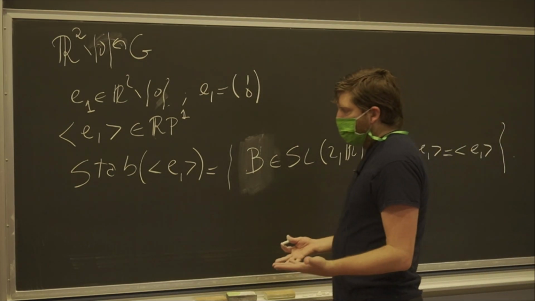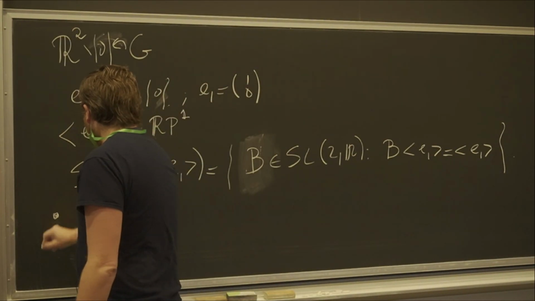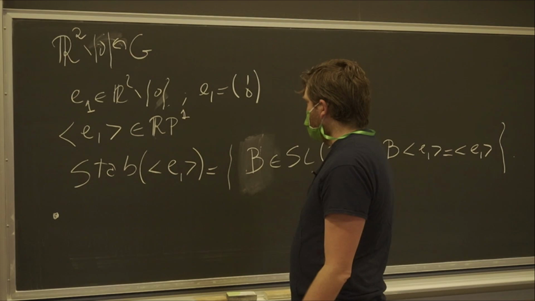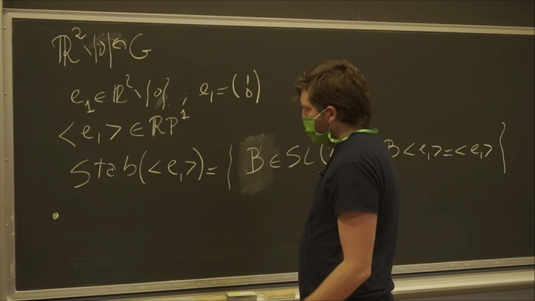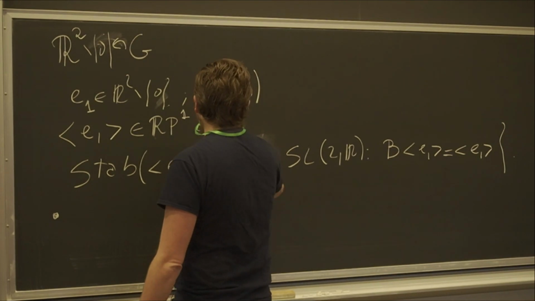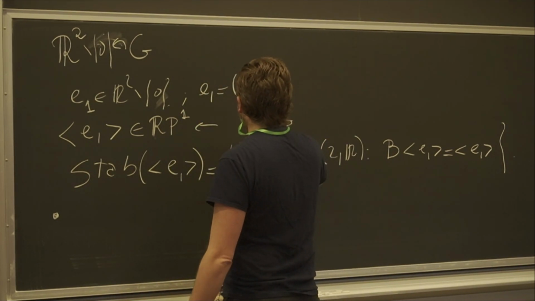And then we have two properties. Property 1 is a property that you always have when you have an action. Actually, I should have said here that we also have the action of G on RP1.